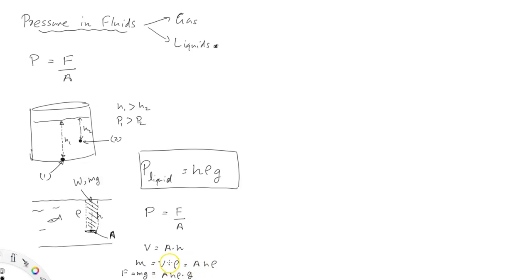So that's the force. So pressure is force divided by area, A H rho g divided by A, you get H rho g, right? So the liquid pressure comes from the height of the liquid column multiplied by the density of the liquid multiplied by the gravity.